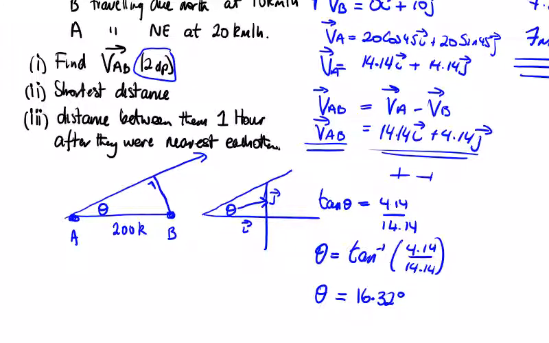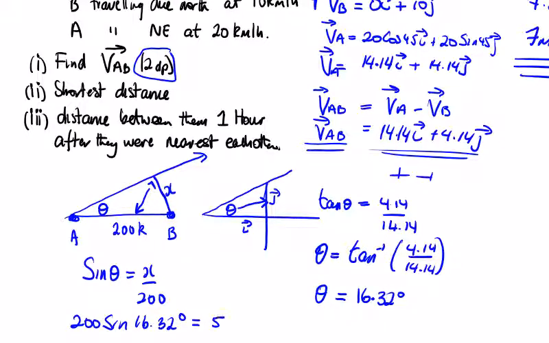So looking for the shortest distance, then we can say that the hypotenuse is 200, so the sine of theta is this x, the shortest distance, over 200. So 200 by the sine of 16.32 degrees is going to be the shortest distance. That's going to give me 56.2, and we're dealing in kilometers.